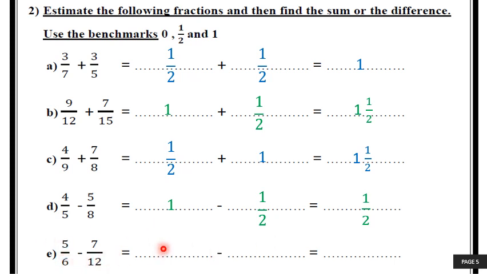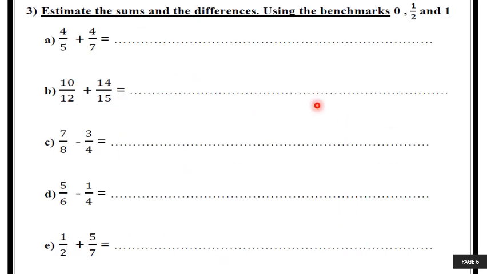5/6 is nearest to 1. And 7/12 is nearest to half because the half of 12 is 6 and 7 is nearest to 6. Now 1 minus half equals half. Estimate the sums and differences using the benchmarks 0, half, and 1. 4/5 plus 4/7.